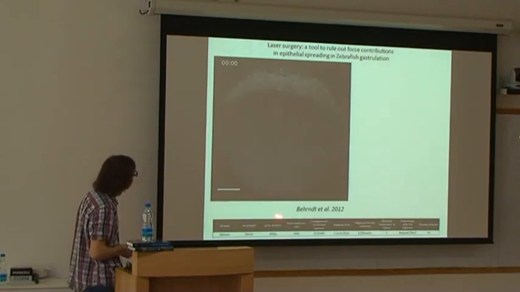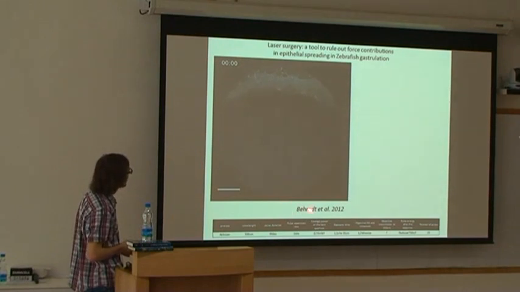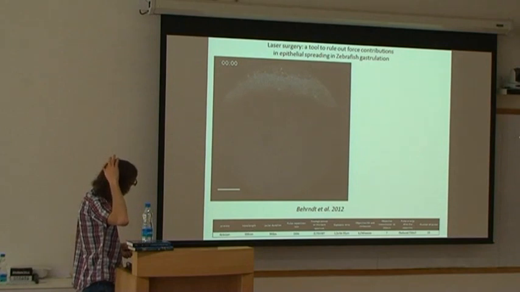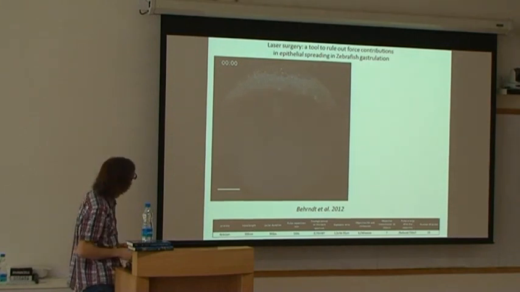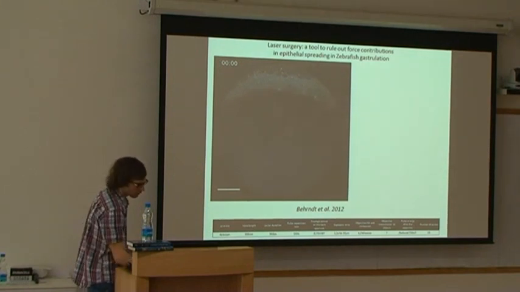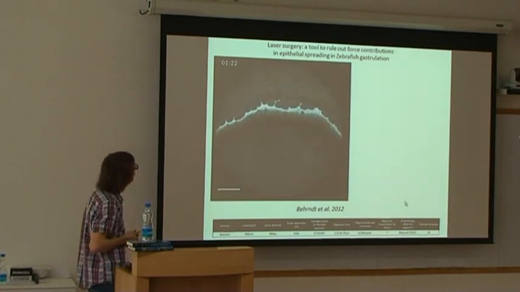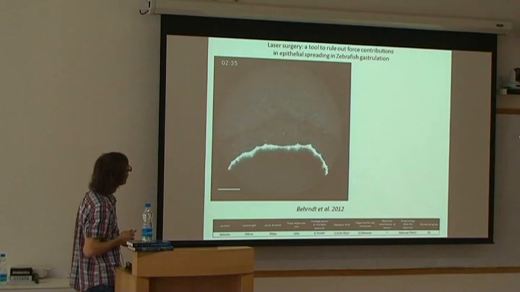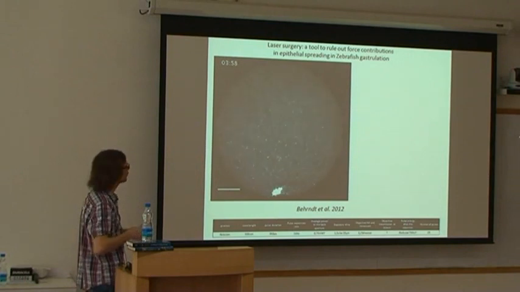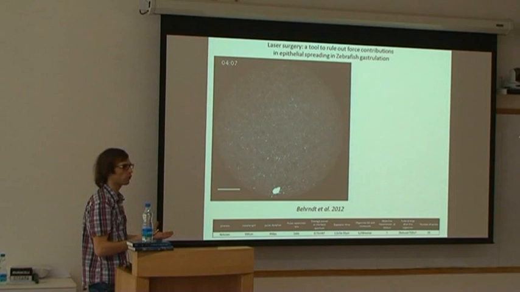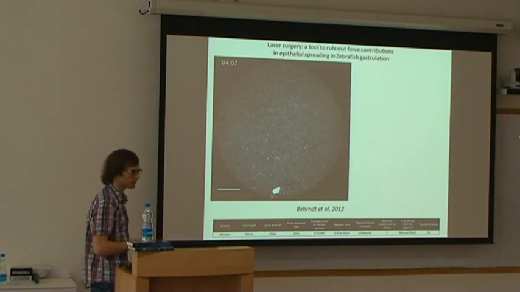Even more recent work done by Behrndt et al. in 2012 in Carl-Philipp Heisenberg's group. It was on the zebrafish embryo. What you can see here is a process called epiboly, where the tissue starts to cover the whole embryo from the animal to the vegetal side.